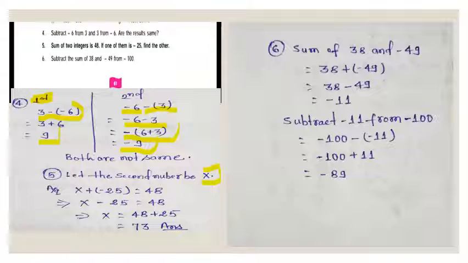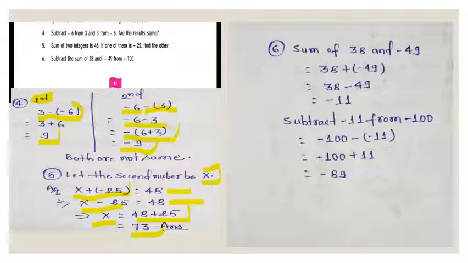According to the question, the given condition is that the sum of two integers is equal to 48 and one of the numbers is minus 25, which means x plus negative 25 is equal to 48, which means x minus 25 equals 48. So x is equal to 48 plus 25, and 73 is the required answer.